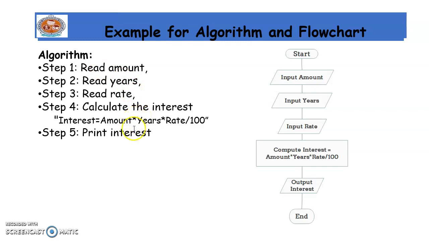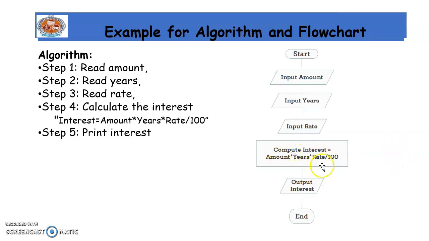Now the flowchart for this algorithm is like this. These two, start and stop, are called ovals. We need three input variables: one is amount, second is years, third is rate. The inputs are to be represented by using parallelograms, and this is the computation: interest equals amount into years into rate by 100.